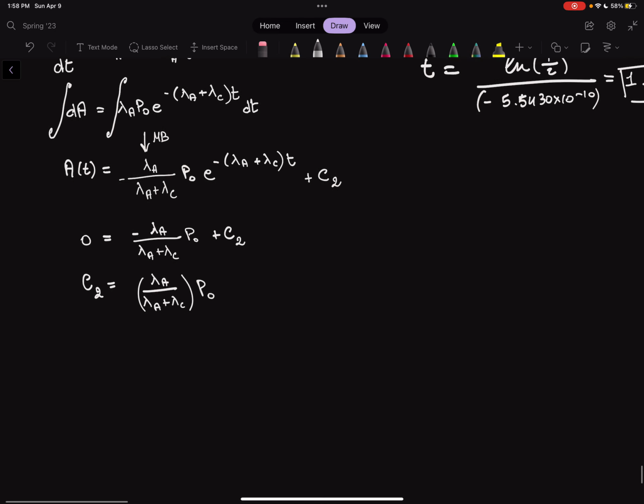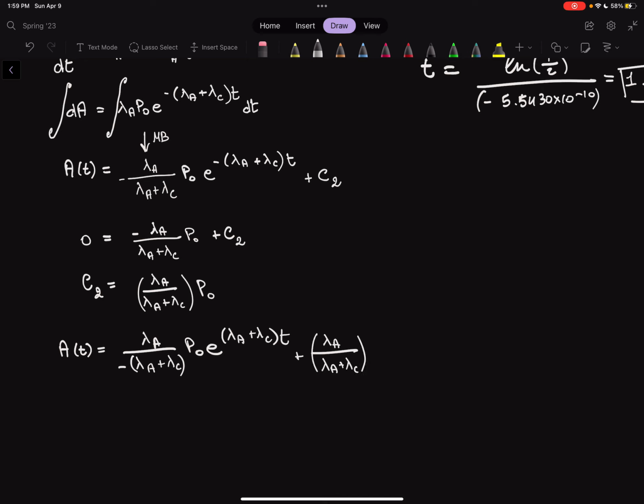And we can substitute it back in, and we get that A of t is equal to lambda A divided by lambda A plus lambda C with the negative, P naught e to the minus lambda A plus lambda C times T, plus lambda A over lambda A plus lambda C times P naught.